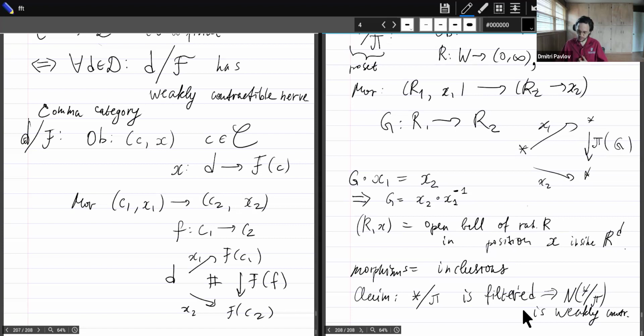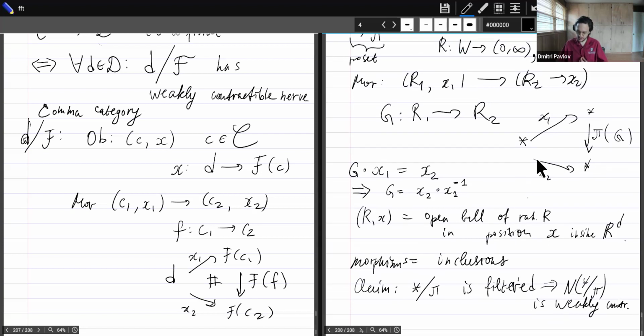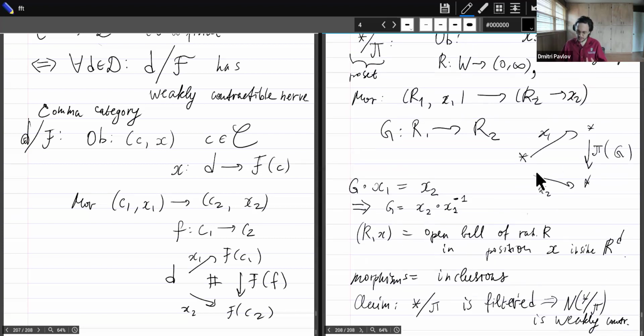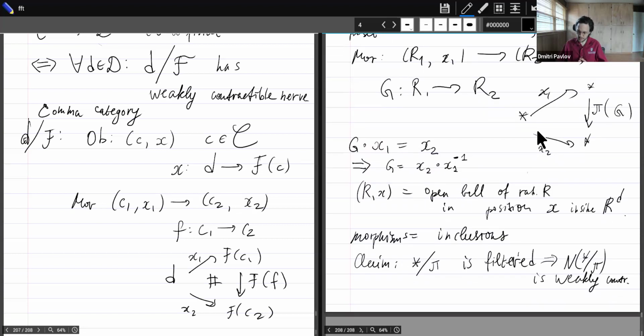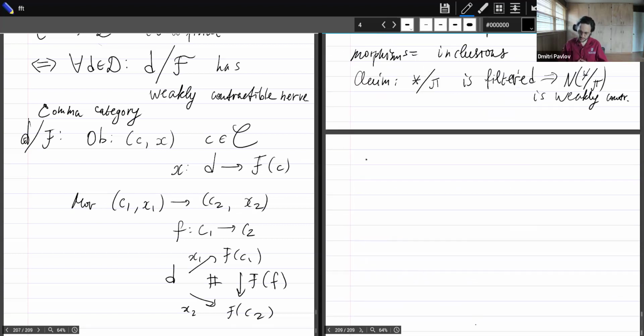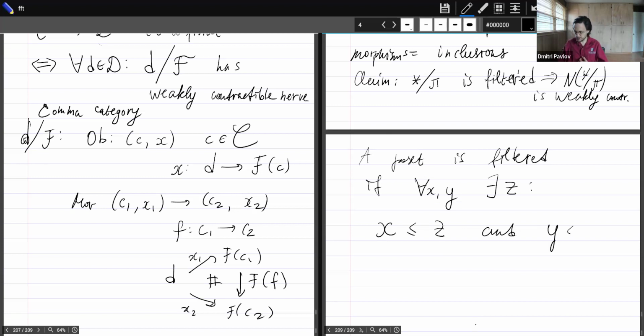Being filtered, well, for a poset, it means you pick two elements. So a poset P is filtered if for any two elements x, y there is a third element z such that x is at most z and y is at most z. For any two elements, you have an upper bound.